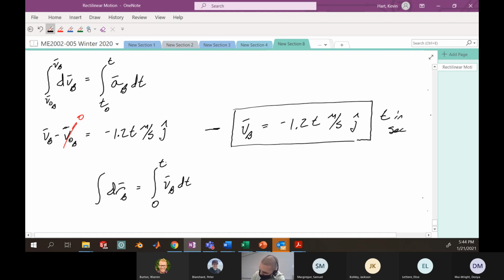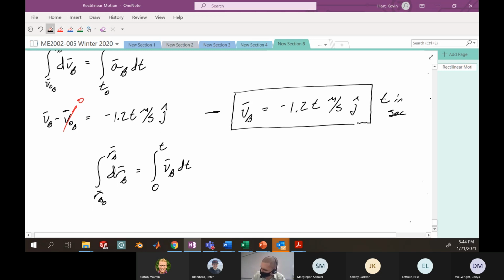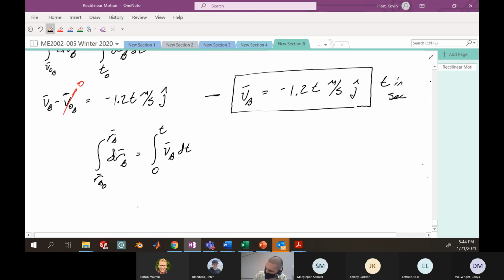From 0 to t, from the initial position of B to an arbitrary position of B. This gets us the position of B minus the initial position of B equal to the integral of this velocity. It's going to be negative 0.6t squared j hat, in meters.